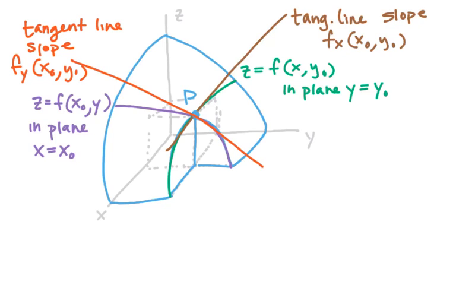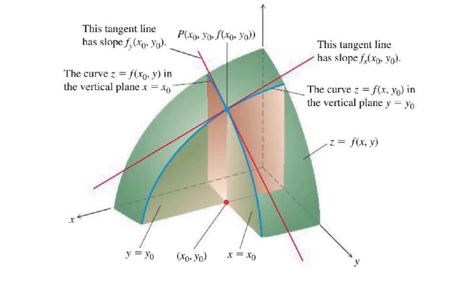All right, so I'm going to pull in the picture now that I've drawn that. And it's the same, they've just kind of cut that plane out a little bit differently. But I hope this kind of helps all of this make sense. So we have a point, and when I find that partial with respect to y, it's falling in some x naught plane because x naught has been made constant.